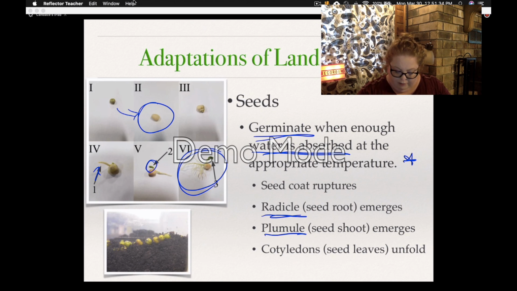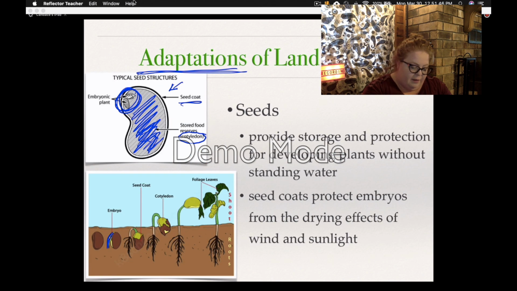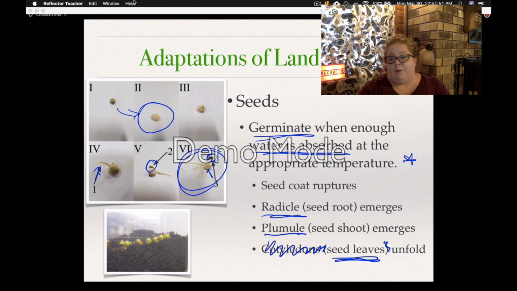Then the seed leaves will unfold. The cotyledon is this storage part. These are the seed leaves, and they're going to unfold, and you can see them here in this picture. Once the seed leaves unfold, germination is complete. This is something that happens in all of our seed-bearing plants.